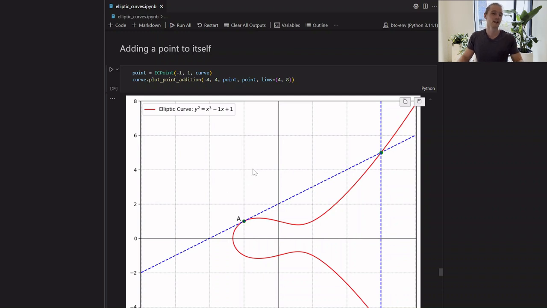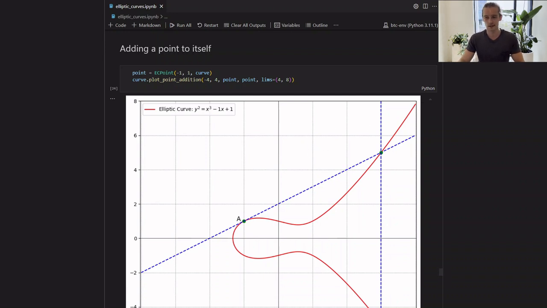Now, this will be a really key operation because it will then allow us to define point multiplication, and later on in this video series, it'll actually help us understand how we get from a private key to a public key. So it's really vital to understand this operation to ultimately at some point be able to understand how a private key actually gets converted into a public key and how it's done in a really safe way.